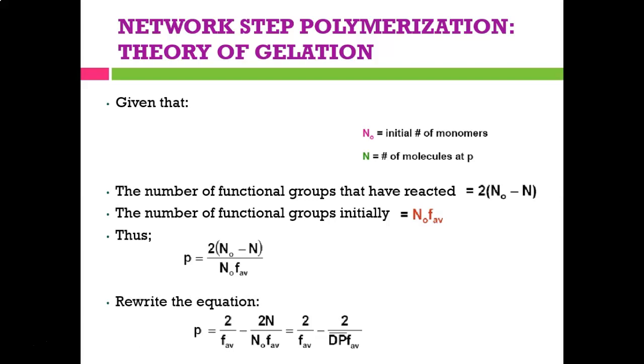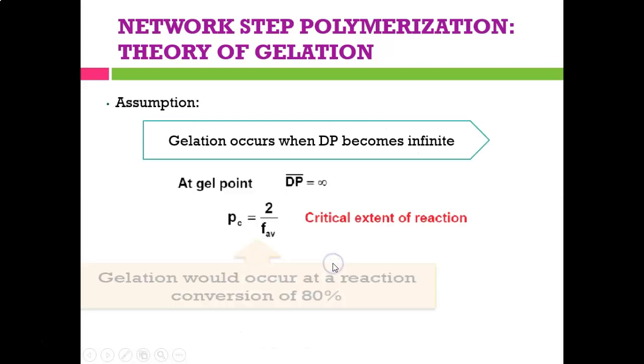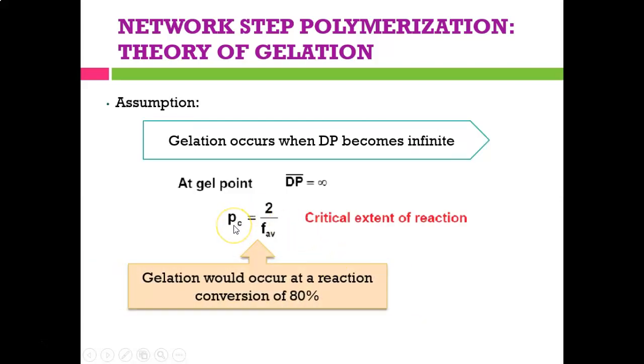Okay, this one is the equation to calculate the extent of reaction. P equals the equation from earlier. So you can use the PC. PC is the critical extent of reaction, equal to 2 over FAV.